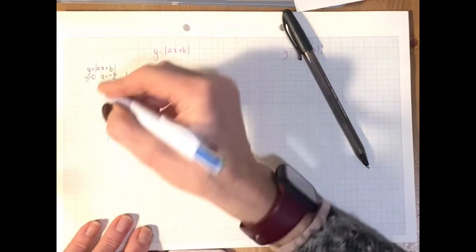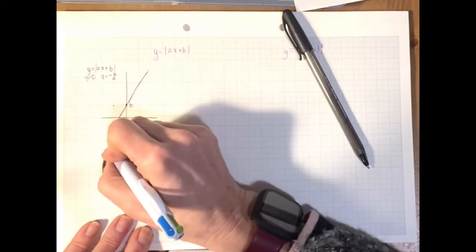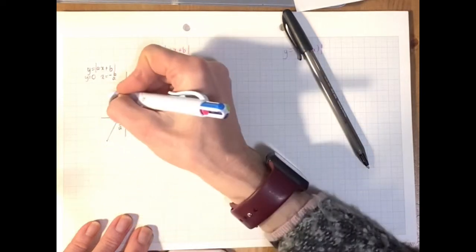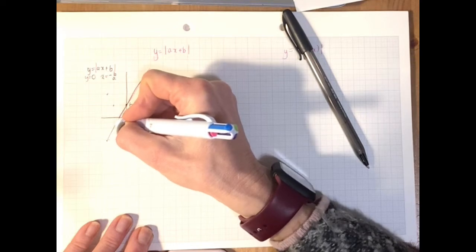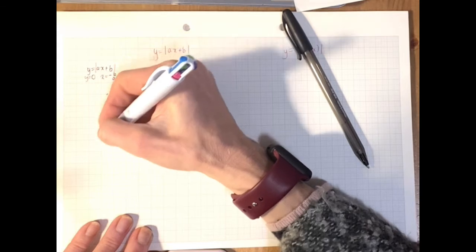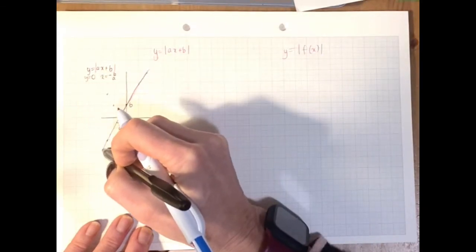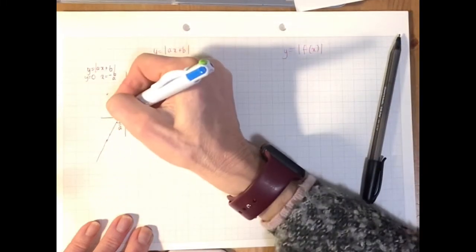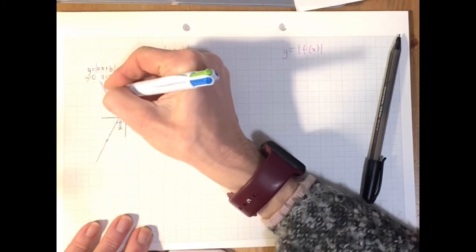Now that value is going to be turned into plus 1. Maybe this one over here was minus 2. Now it will turn into plus 2. So effectively, minus 1 and minus 2 will go to 1 and 2. You will have a reflection in the x-axis of that part of the straight line that generated negative y's, so that now it generates positive y's.